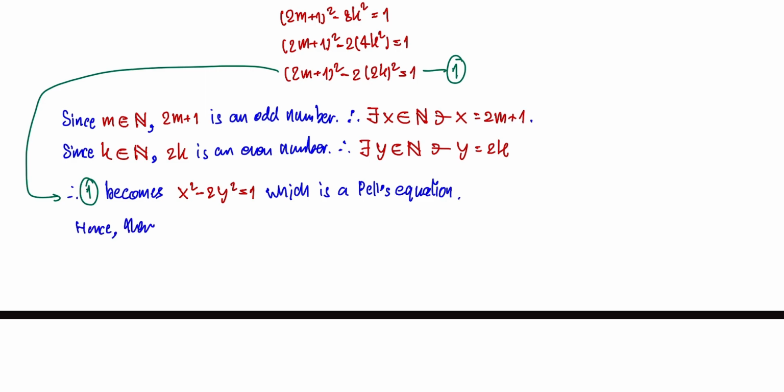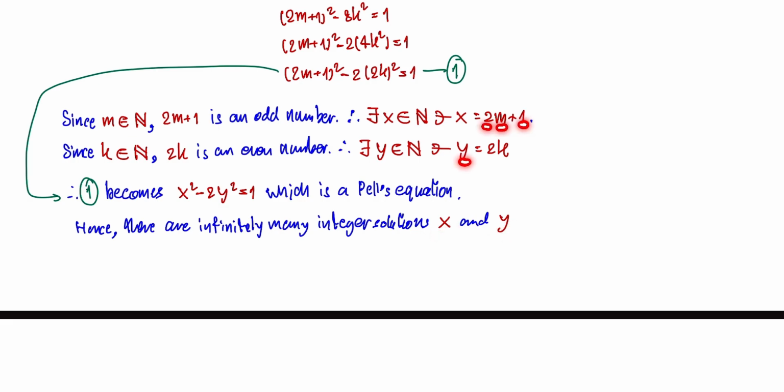Hence there are infinitely many integer solutions x and y. If you can find x and y, with x equal to 2m plus 1 and y equal to 2k, you must be able to find infinitely many m and k.